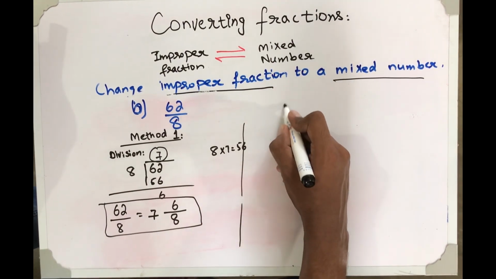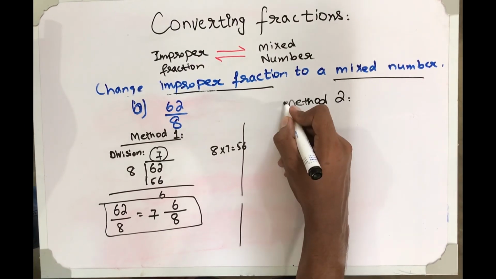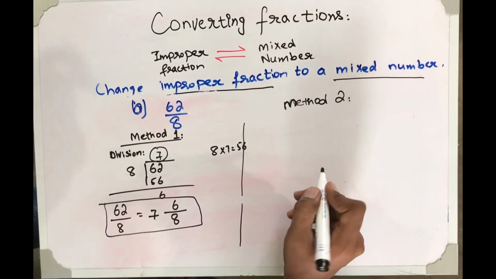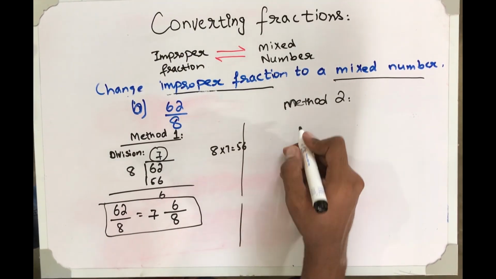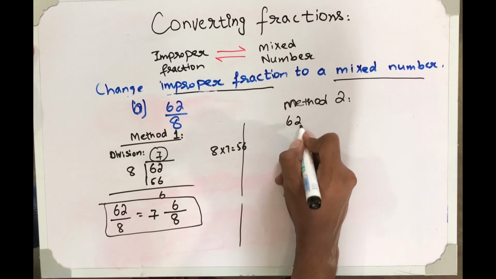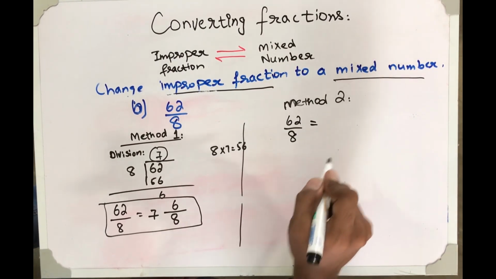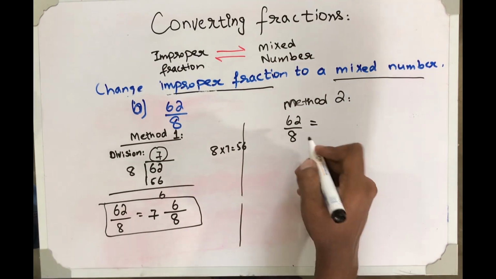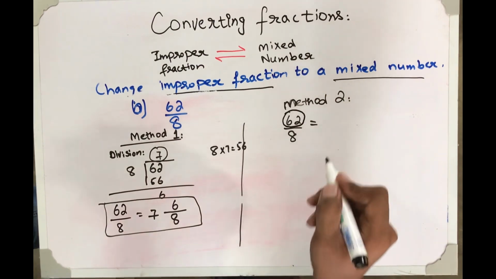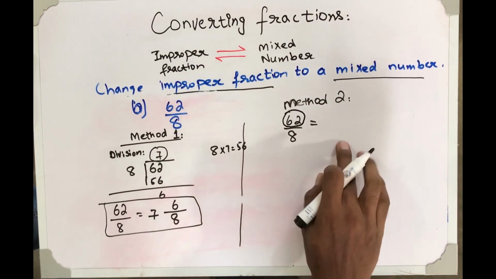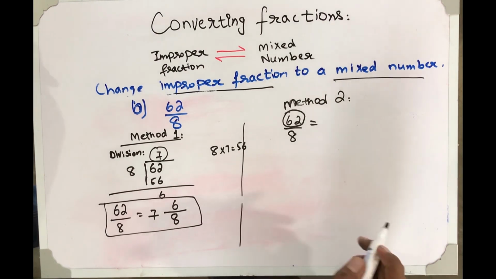So now method number 2. I'm gonna tell you how you can simplify it into a mixed number without actual division. You just have to look at the numerator and figure out which number below 62 is a multiple of 8.